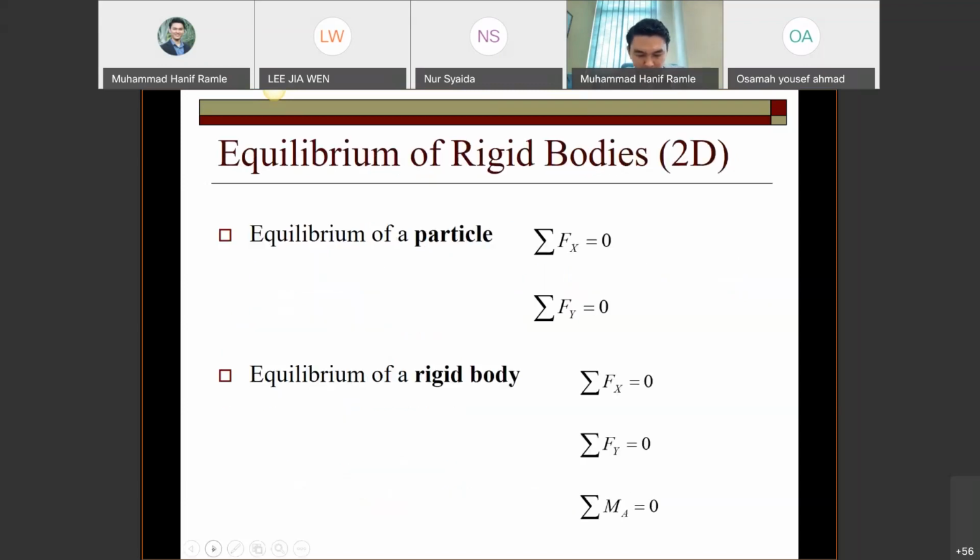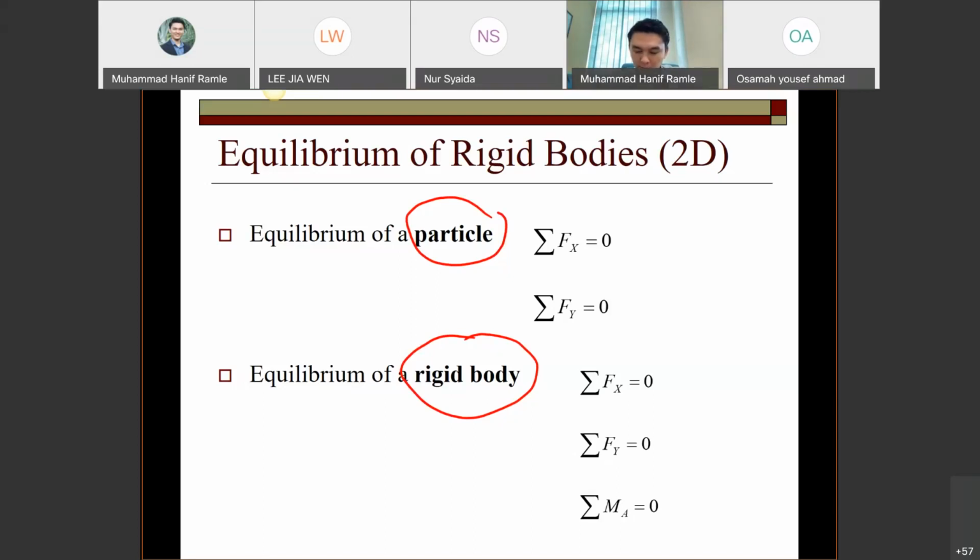There is something you have already learned before. We have particles and also rigid bodies. When a particle is in equilibrium, all forces must be equal to 0, so all x and y components should be 0.